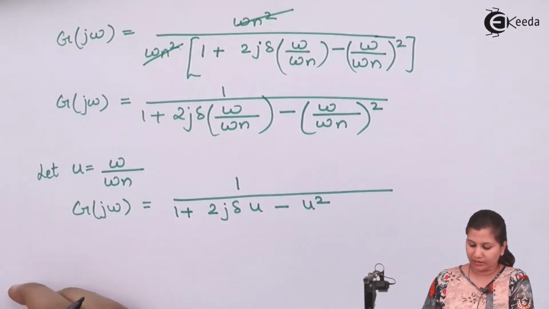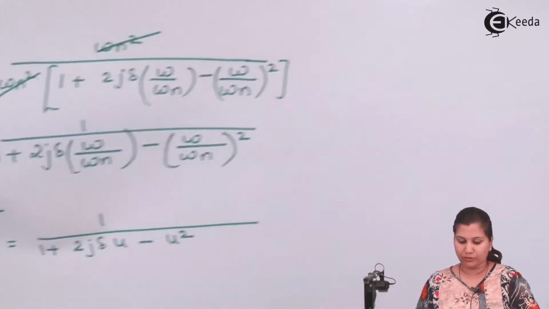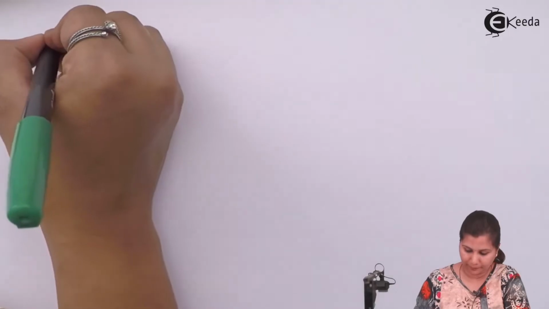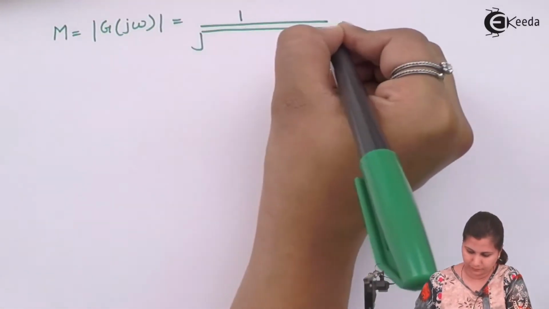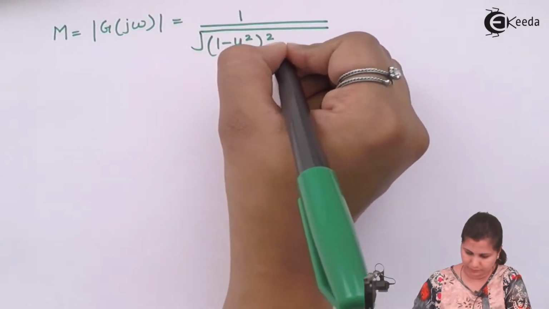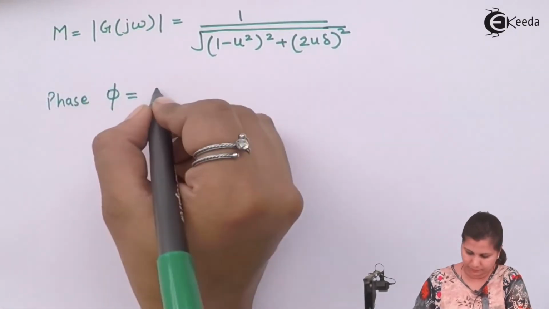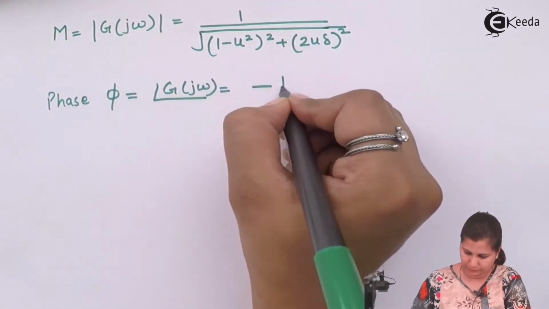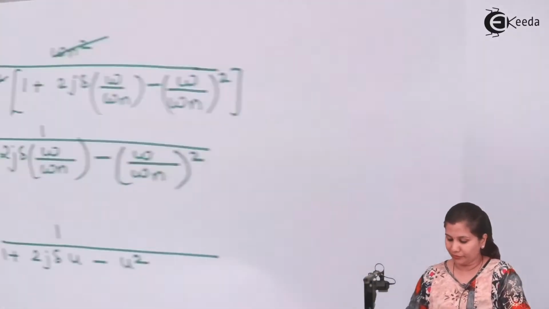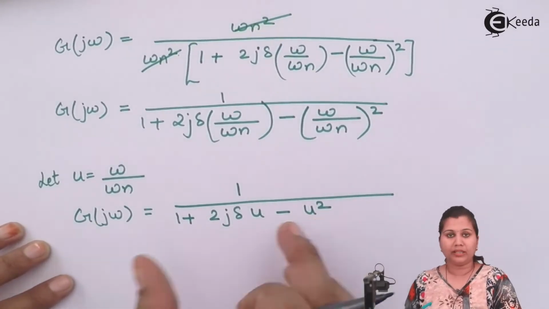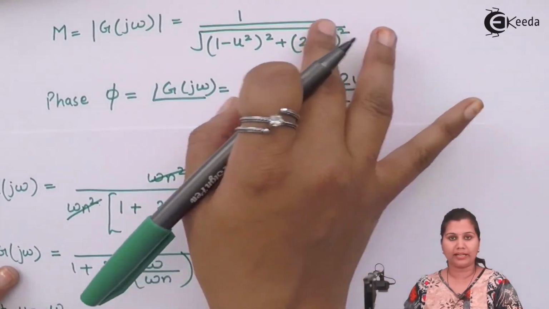Now we are going to take the magnitude and the phase angle of this transfer function. The magnitude will be the real part square plus the imaginary part square, under root.